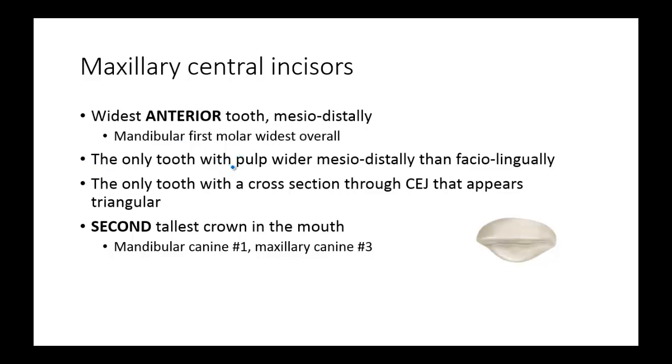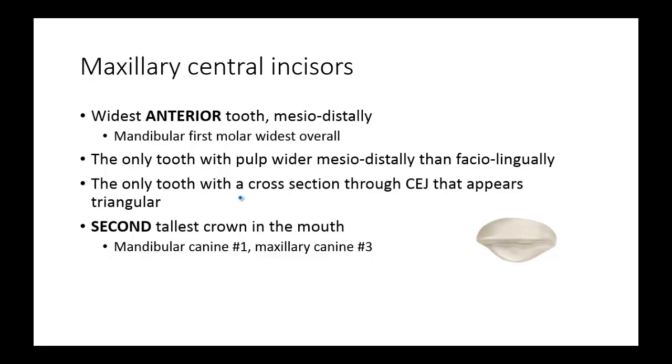It's the only tooth with a pulp wider mesiodistally than facial-lingually. All that's saying is that if you look at this tooth, it is wider mesiodistally than it is facial-lingually, so the pulp is going to be wider in that way too. For all other teeth, usually the buccal or facial-lingual is going to be just as thick, if not thicker, than the mesiodistal.